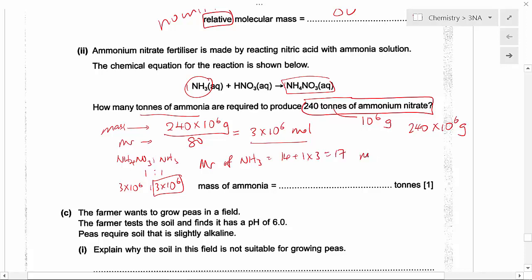And therefore the mass is equal to the Mr times the moles. 3 times 10 to the power 6 times 17, which gives me 51 times 10 to the power 6 gram, equal to 51 ton. Because this 10 to the power 6 gram is equal to 1 ton, so it's 51 ton. That's all.